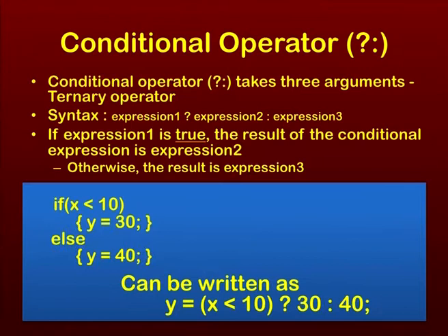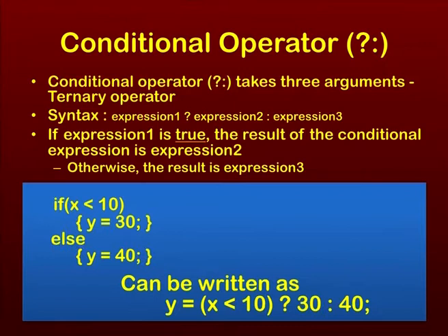It can be written as y equal to x less than 10 question mark 30 colon 40. That means, if x is less than 10 is true, the statement written just after the question mark will be executed and the value of y will be 30, otherwise it will be 40.